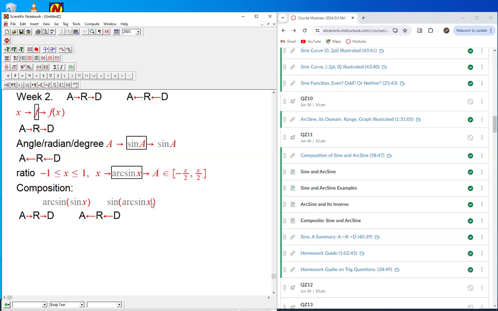The arcsine part is D to A, so once you get the A, sine of A is A to D. So composition is doing A to D, D to A, depending on the order, depending on what you're given.